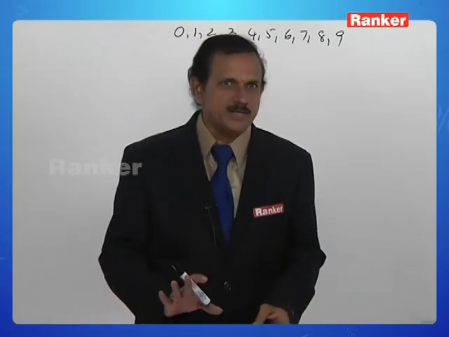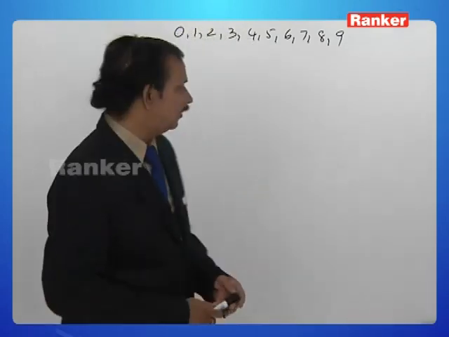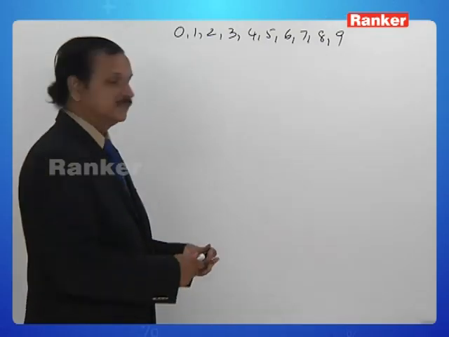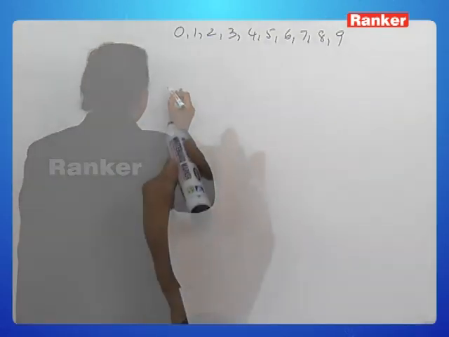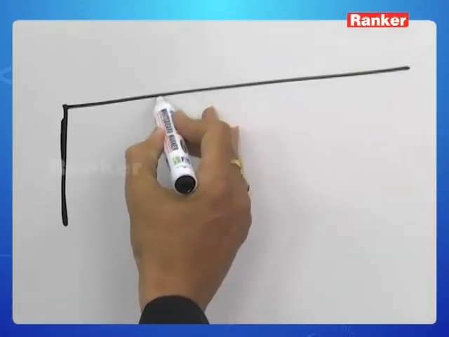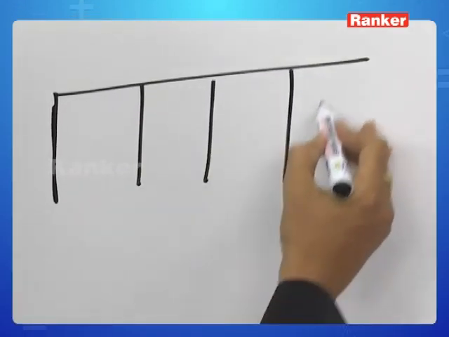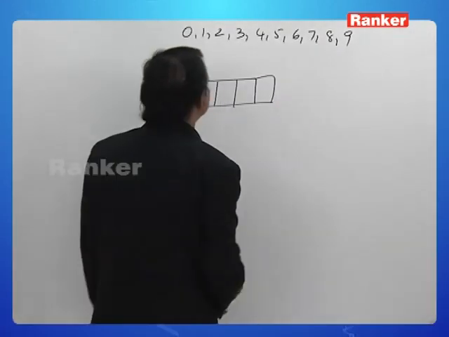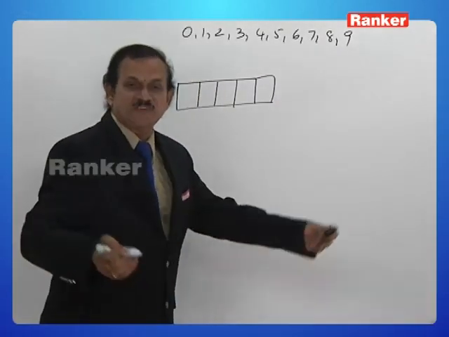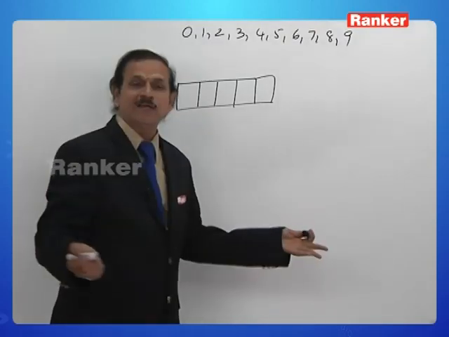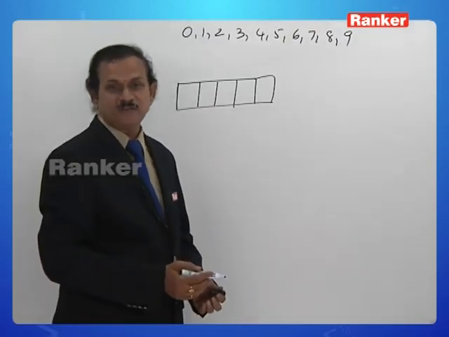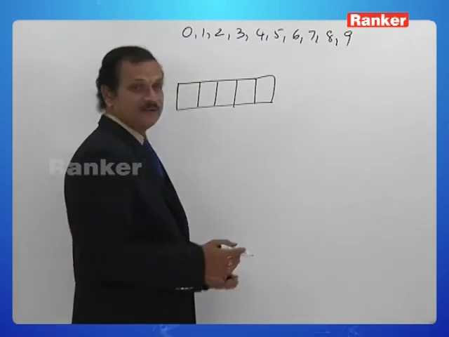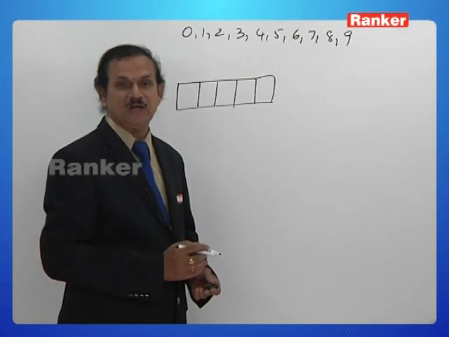So, to form a telephone number, the telephone department authorities do not mind at all to put 0 in the first place. They have no objection at all. They can use 0 in the beginning also. It can be called a 5-digit telephone number, no problem at all.